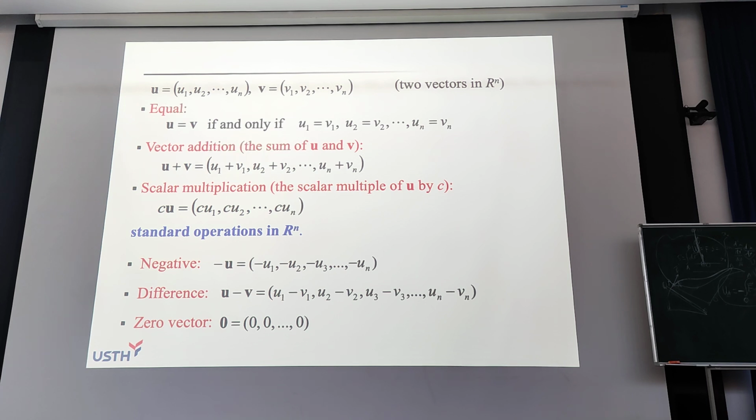After that, we can define the negative of a vector. The negative of u will be minus u1, minus u2, up to minus un. And the difference, the subtraction of u and v, will be u minus v equals u1 minus v1, u2 minus v2, up to un minus vn. And we have a very special vector. We call it the zero vector.